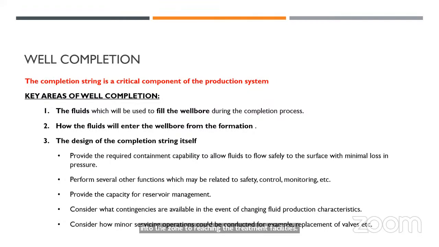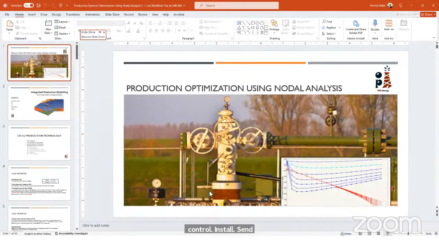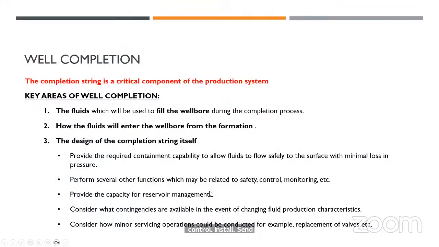Also, there are some other functions that might be considered during the well completion. We will produce from one interval or several intervals. However, we need to simulate an advanced system. Let's say we have some sand production and we need to control this sand. We need to install sand control systems.